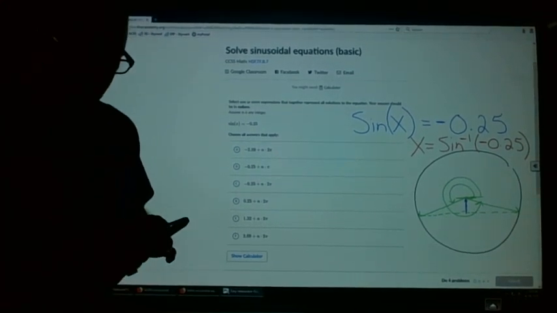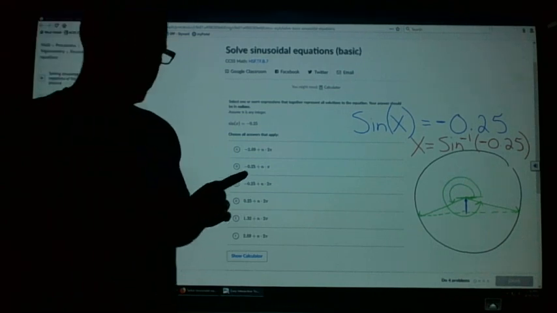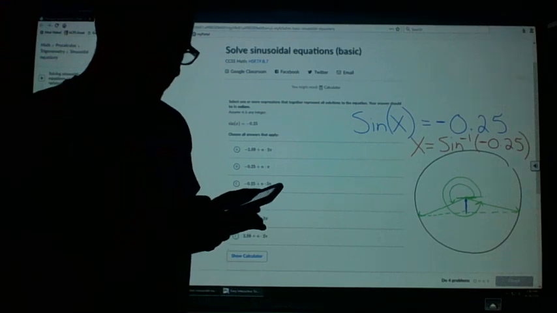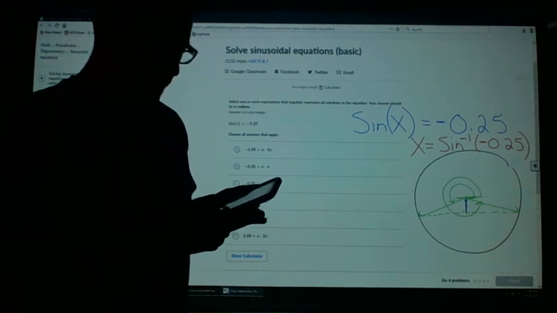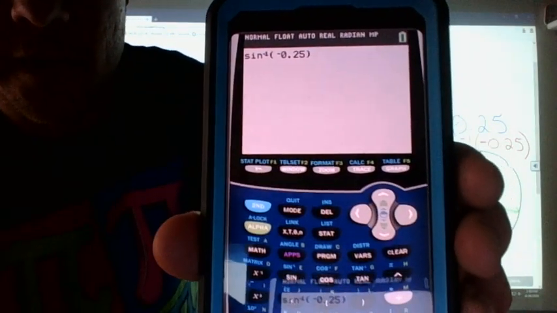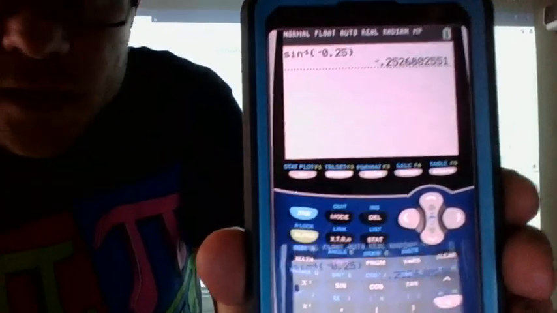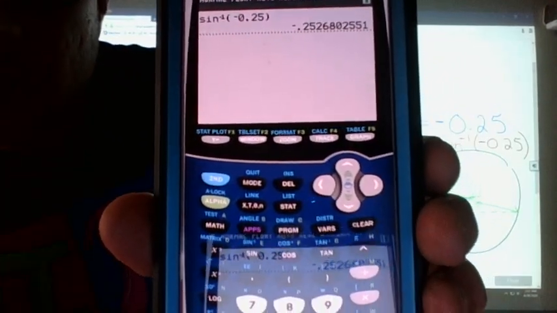So I check my mode, make sure it is in radians, and then I do the inverse sine of negative 0.25. I press enter, and it gives me negative 0.252280, etc.